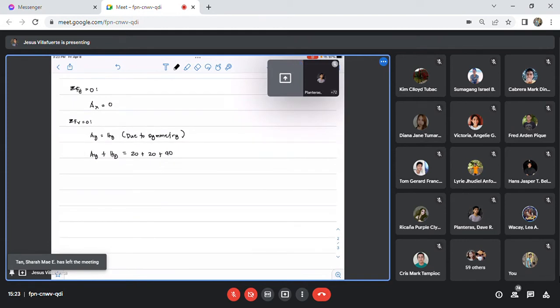So 2AY is equal to 80, and then AY is equal to 40 kilonewtons, and HY is also 40 kilonewtons.